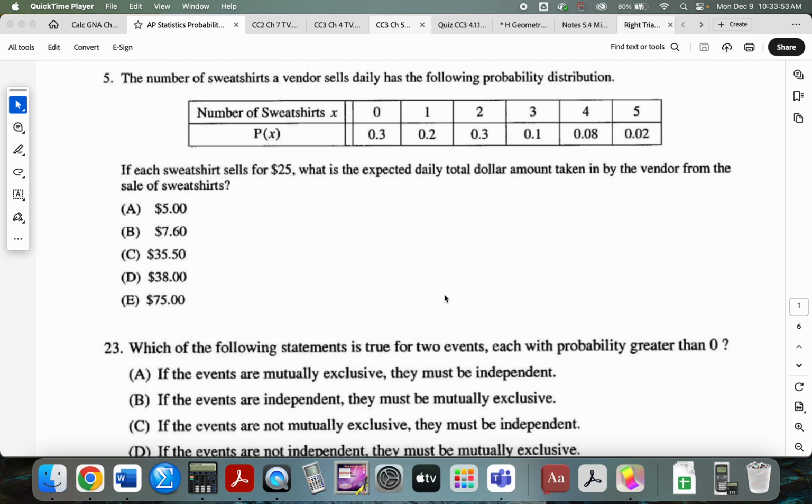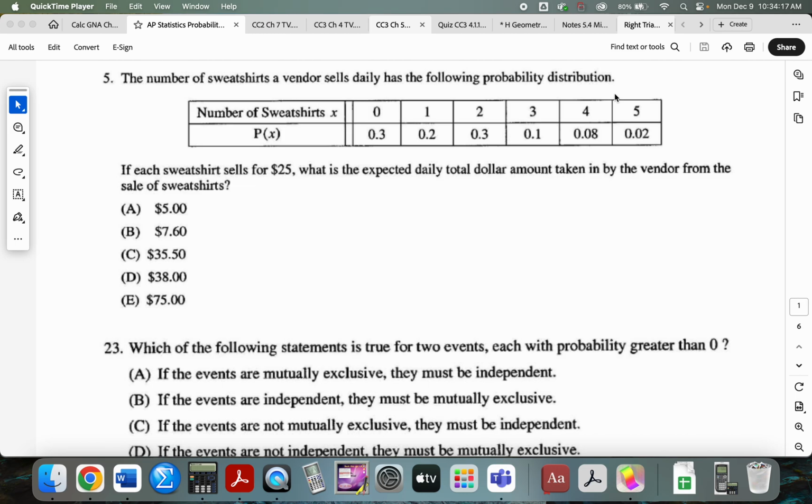Right? So you can either do that, or the other way that you could do it is you could put the dollar amount up here and go, all right, if I sell zero, I get $0. This would be 25, 50, 75, 100, 125. Either way is fine, but you've got to multiply by the 25 sooner or later.